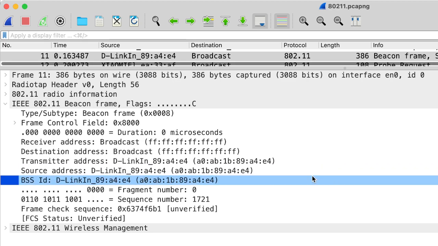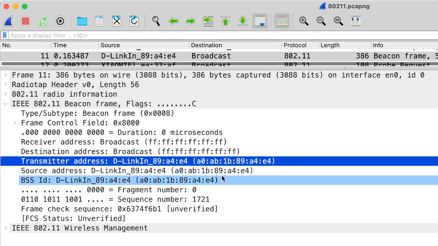Here we can see there's a field specifying the BSS ID, and as mentioned, the BSS ID should be a unique value, because this BSS ID represents this BSS, this basic service set. So usually we use the MAC address of the Wi-Fi access point, which is exactly the same as this one.